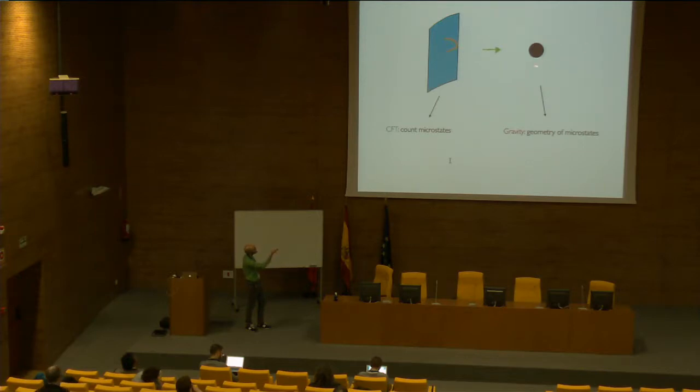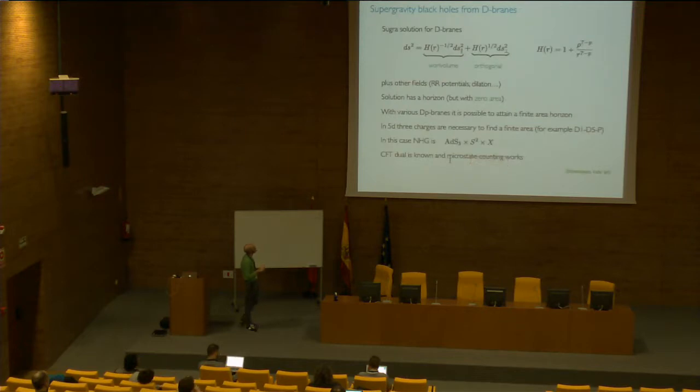On the gravity side, people started, since this first observation, also to look at what the microstates can be. You can try to construct gravity solutions that are dual to the microstates and understand what are the properties. But for this talk, I will always remain on the left-hand side, at least for our construction.